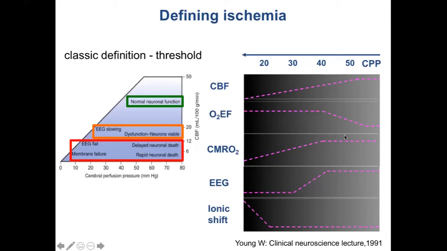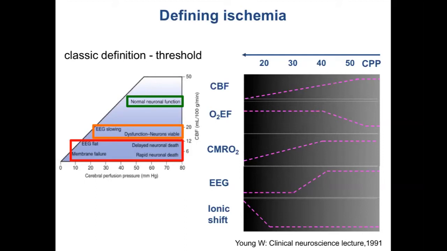So the brain tries to take more oxygen from the blood, and this happens here. And when the brain increases the uptake of oxygen, still the CMRO2 is preserved. Up to a certain point, there is no further capability to increase oxygen uptake. And therefore, above this limit here, the CMRO2 starts decreasing. And this then is associated with EEG changes, ionic shift, as discussed previously.